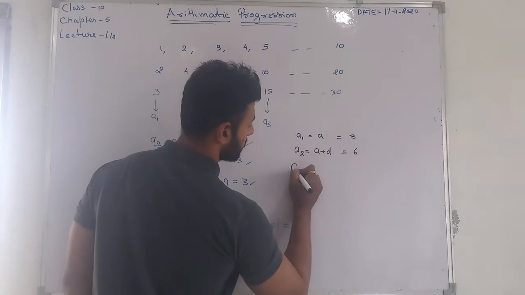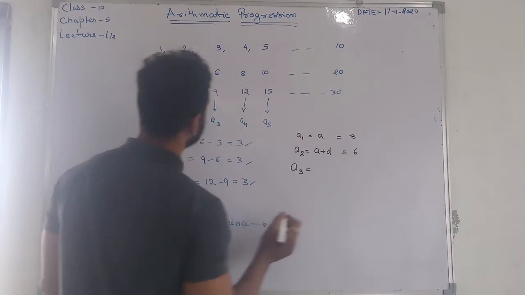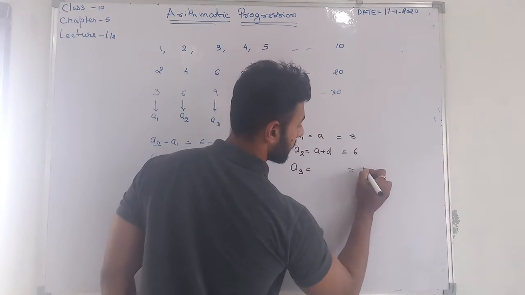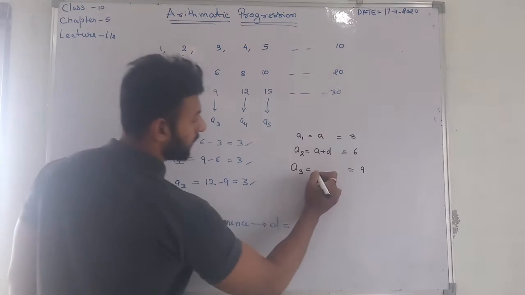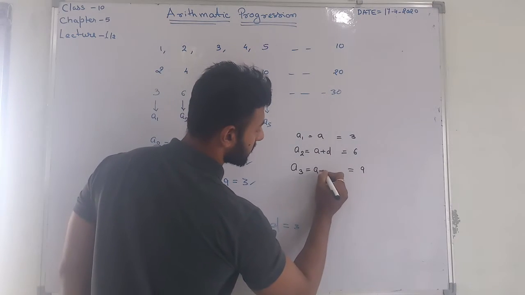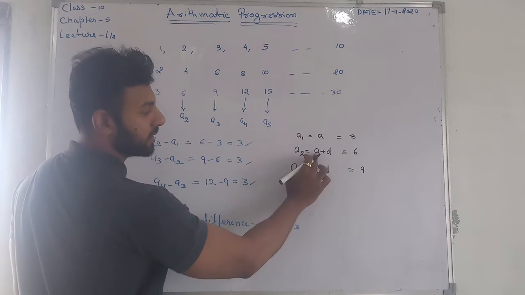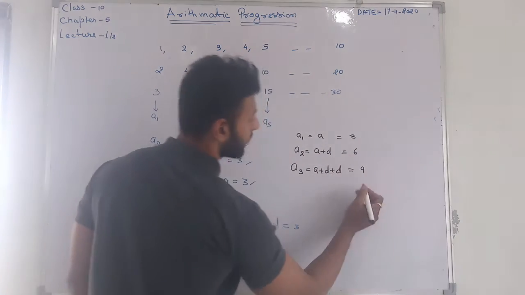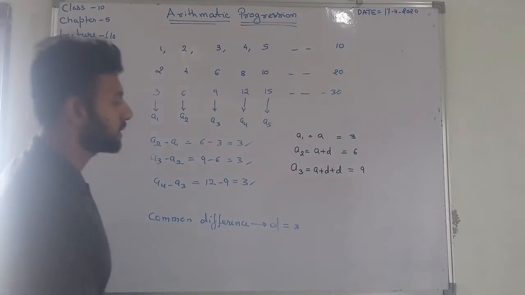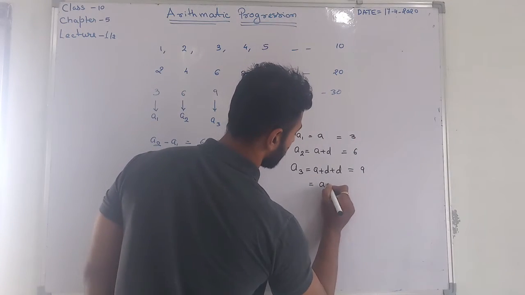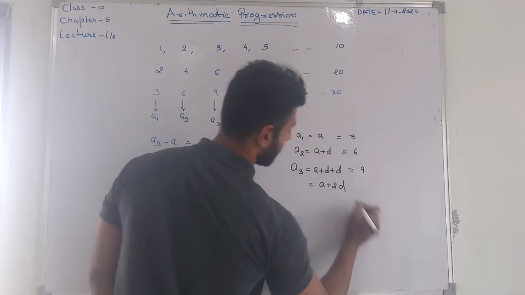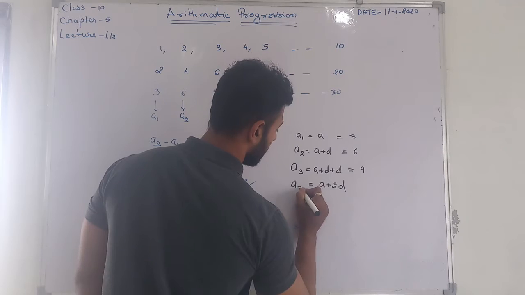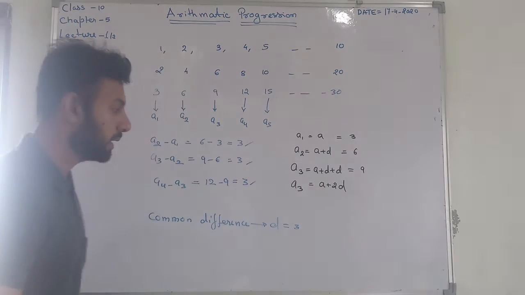Now let us see the third term. A3 is 9. Here A plus D is already there. If we add one more D to this, we get 9, which is A plus 2D. So A3 can be written as A plus 2D.